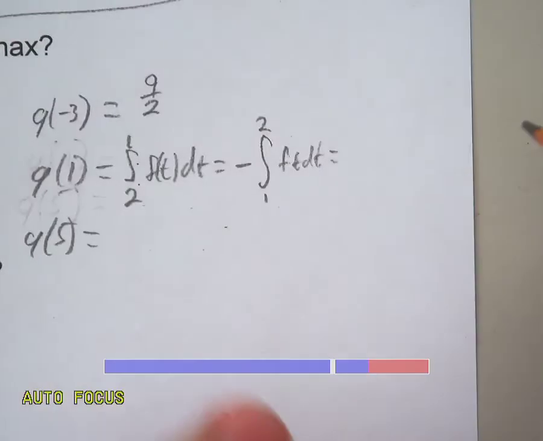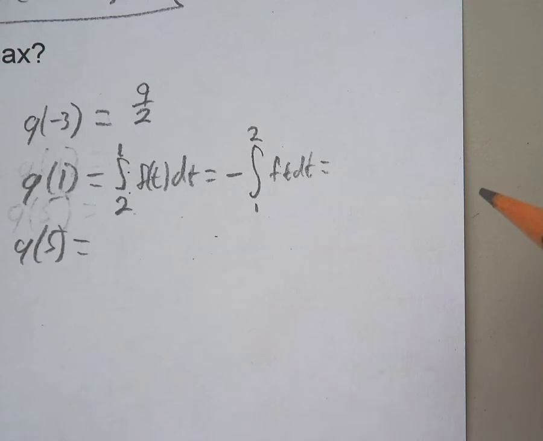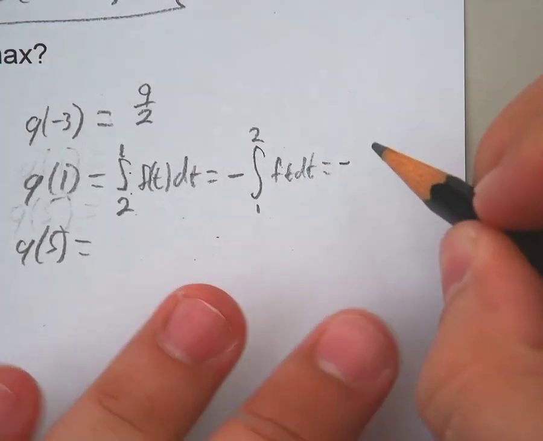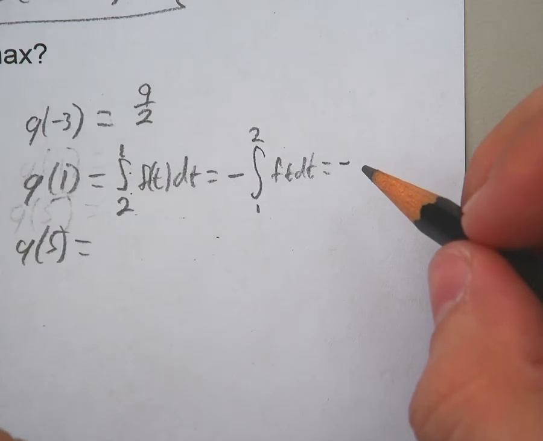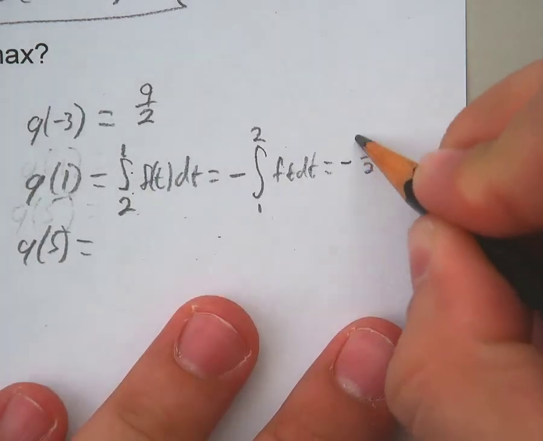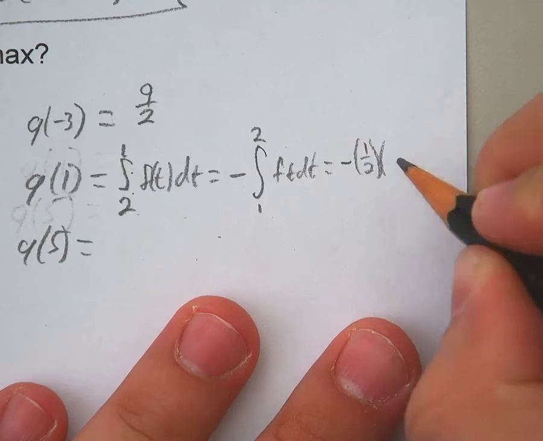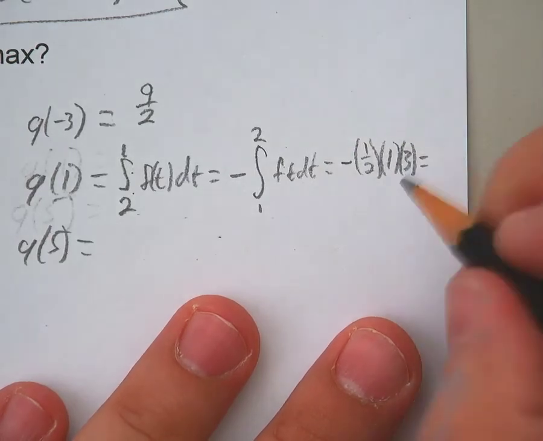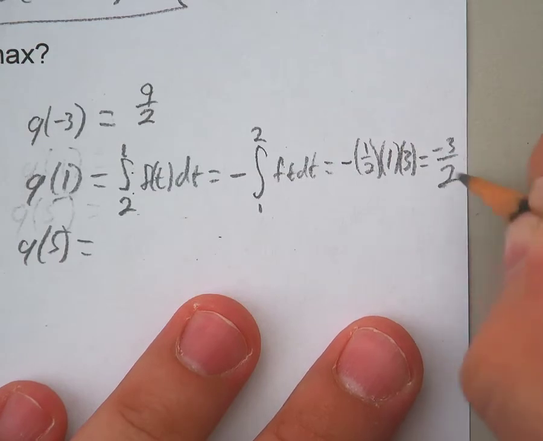Let me zoom in here. I'm running out of room though. I gotta be careful. Which is going to be negative, and I'm looking up at my graph here, from 1 to 2. It's a triangle. My width is 1, my base is 1, my height is 3. 1/2 base times height. That's a -3/2.